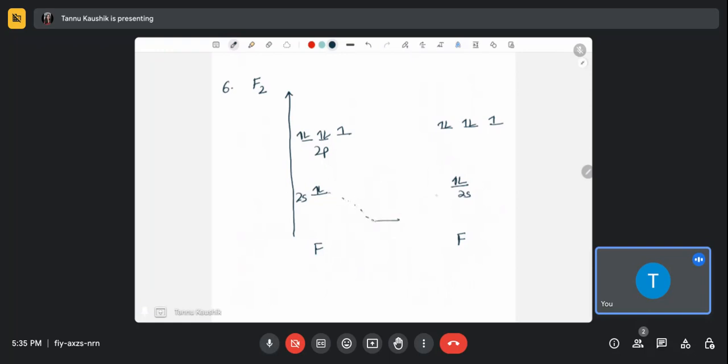It will form a sigma g bonding molecular orbital, sigma u star, and this is sigma g.